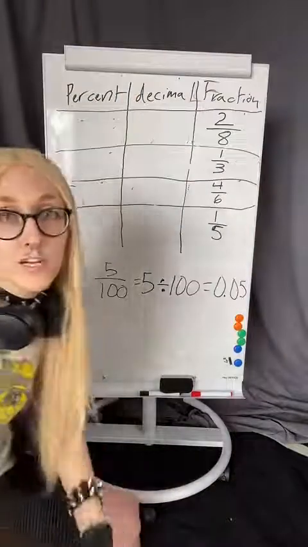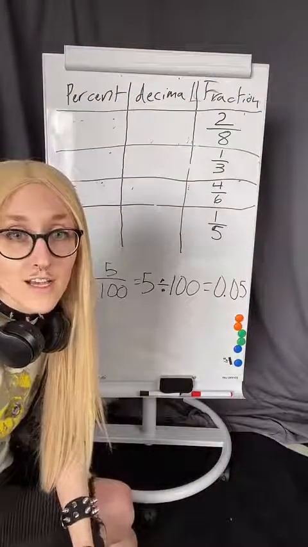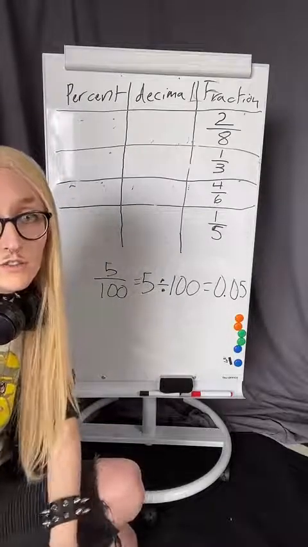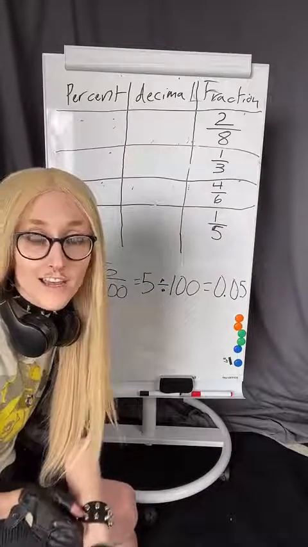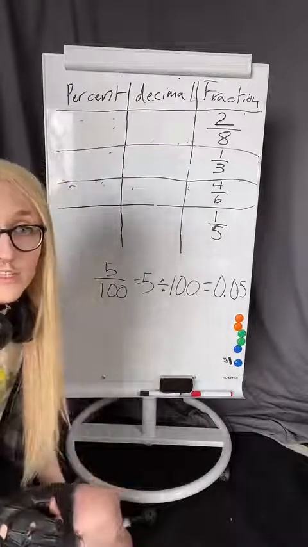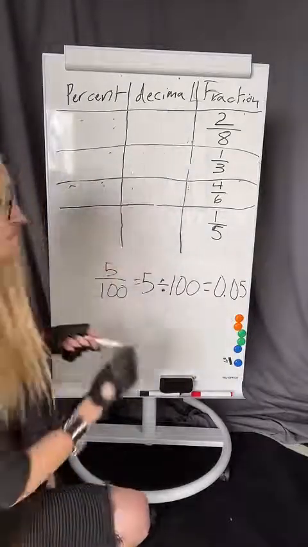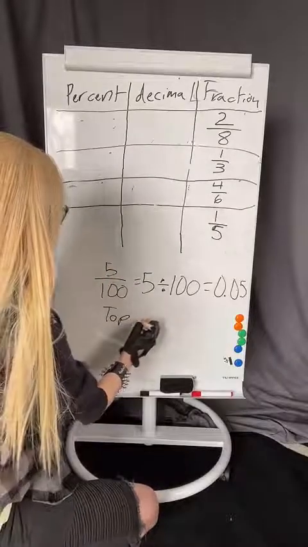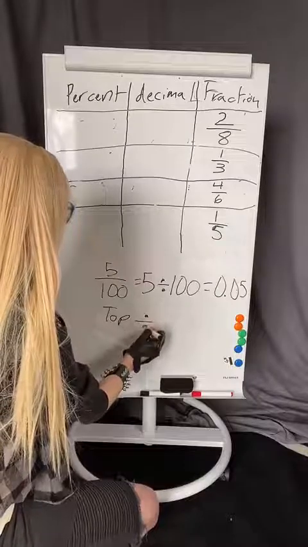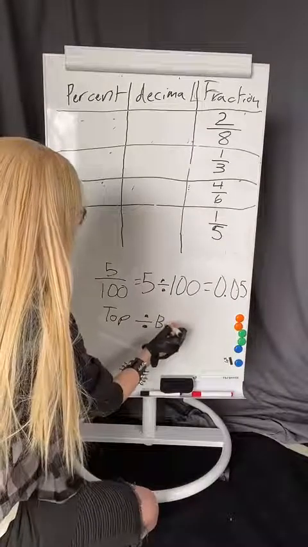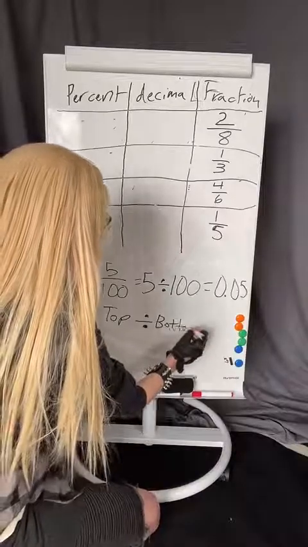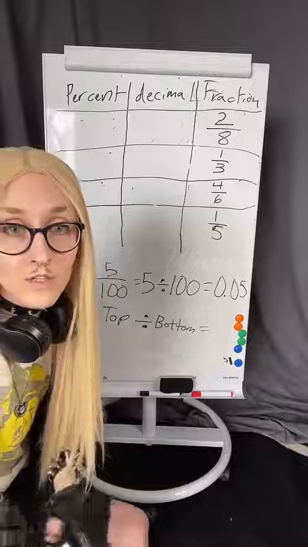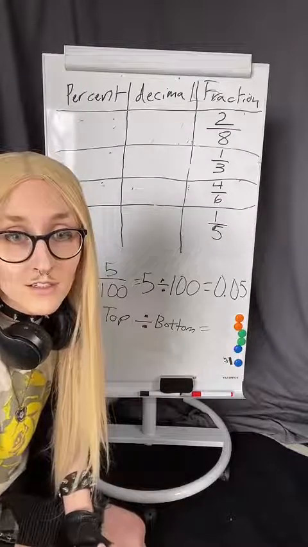All right, great. We're going to try these fractions and get these guys as decimals and percents, okay? So let's try this first guy, 2/8. What I want you to do is in your calculator, do the numerator, the top, divided by the denominator, the bottom, and see what you get. What is 2 divided by 8?